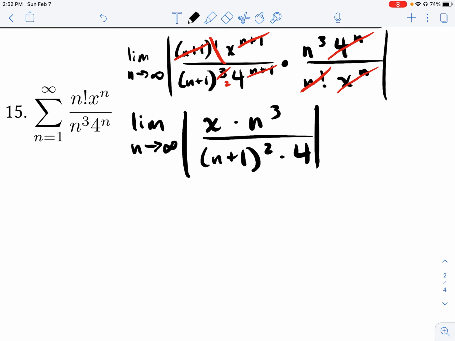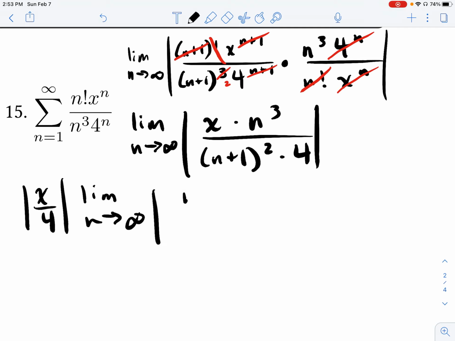And again, anything that's not affected by us taking the limit, we can move to the front. So we can write this as absolute value of x over 4 times the limit as n approaches infinity of n cubed over n plus 1 squared. Now, we're checking to see when would this be less than 1? Well, hold on.